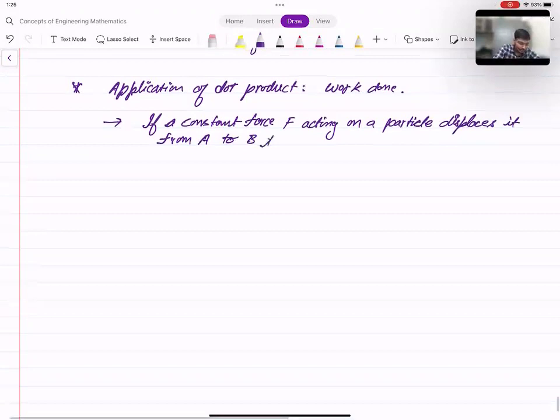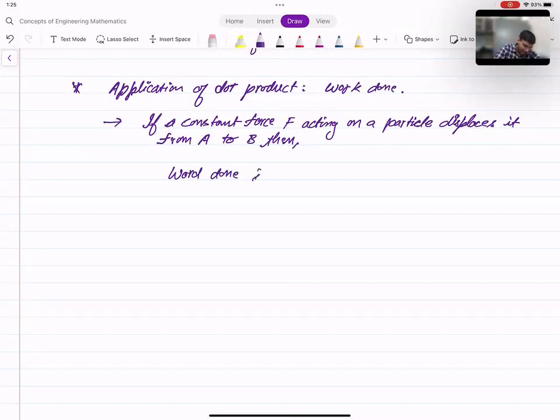Then the work done in displacing the particle, say W, is given as the force multiplied by displacement, the force dot displacement.